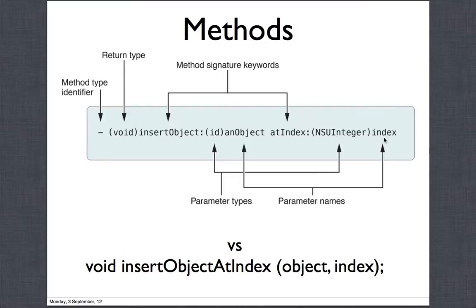Now, if you read this as a sentence, it doesn't make much sense because the words are mixed. You say insert object at index, object index. If you read a sentence of an Objective-C method, it makes sense. It says insert object, an object, at index, index.